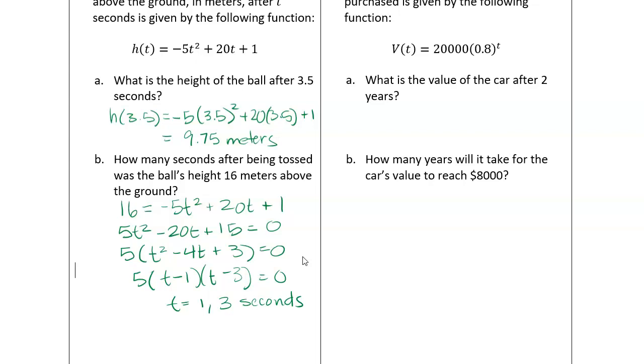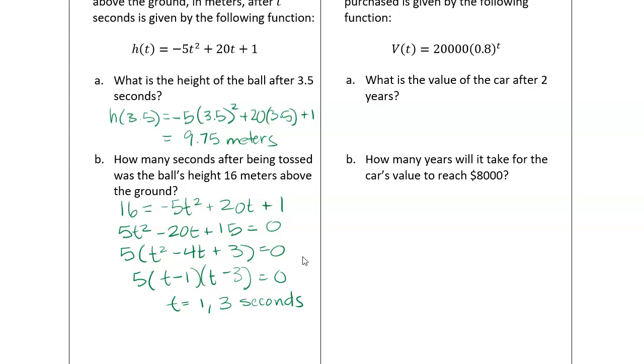But in this case, if we try to find an inverse function for this h of t, if we want to find a function for t in terms of h, it wouldn't be a function. A function is defined to be something that takes an input and produces exactly one output. But here, if we had an inverse that worked, we'd have two outputs for a given input, and that would not technically be a function.